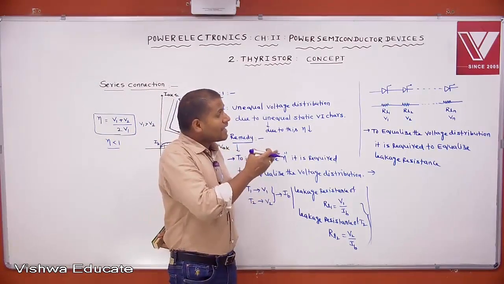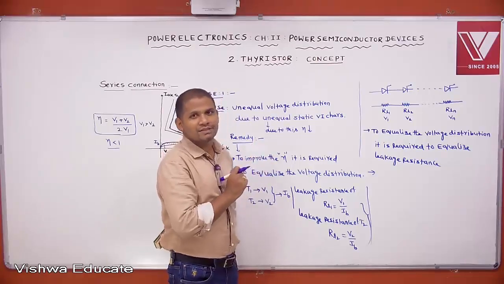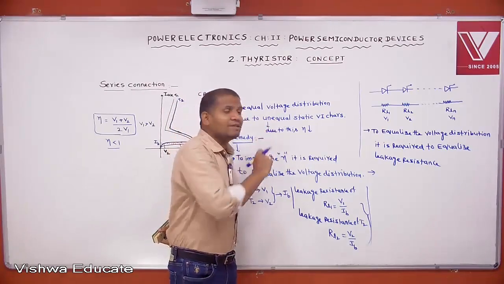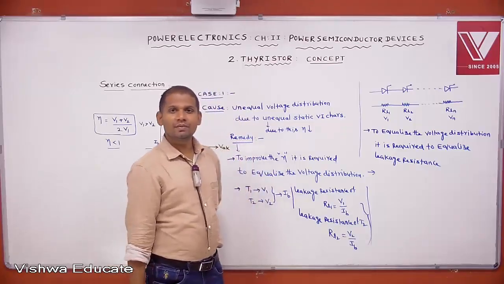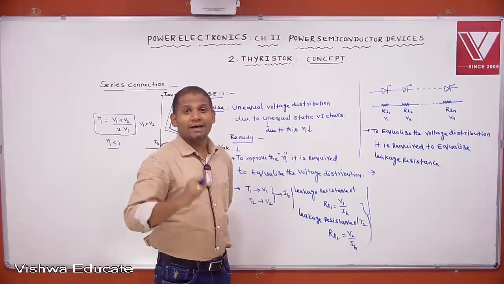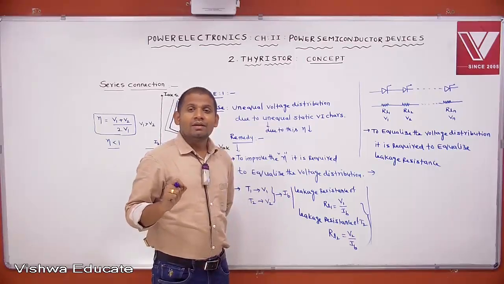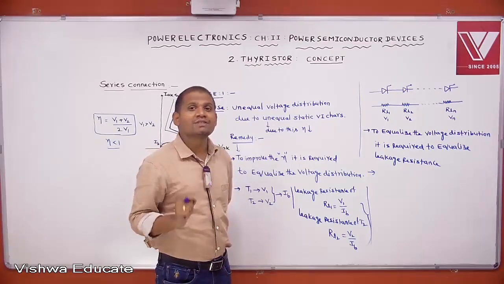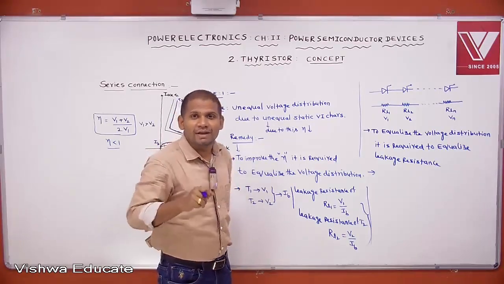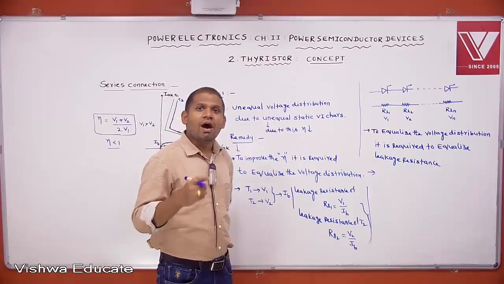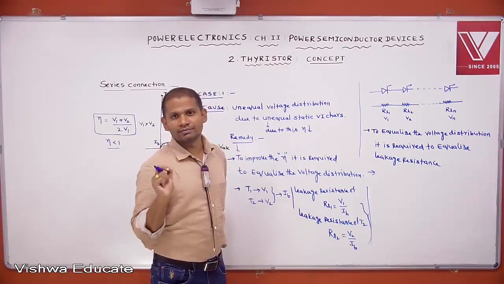Different SCRs are having different leakage resistances. If you want to equalize the leakage resistances, we can connect different values of resistances in such a way that the leakage resistance of all the SCRs must be equal.